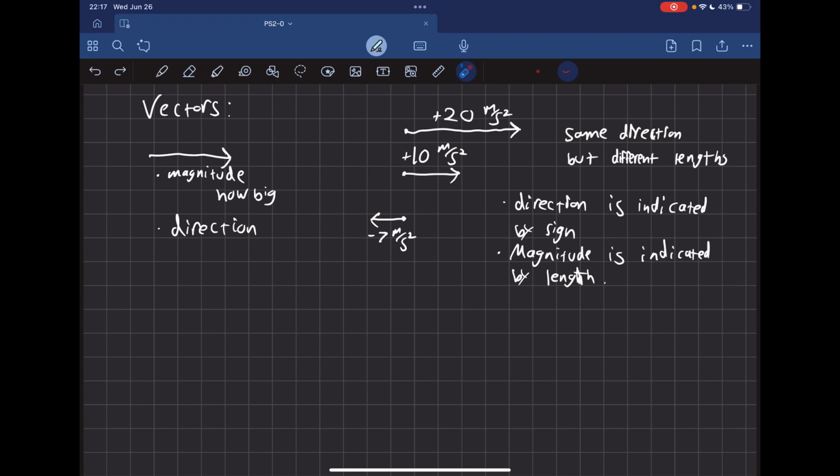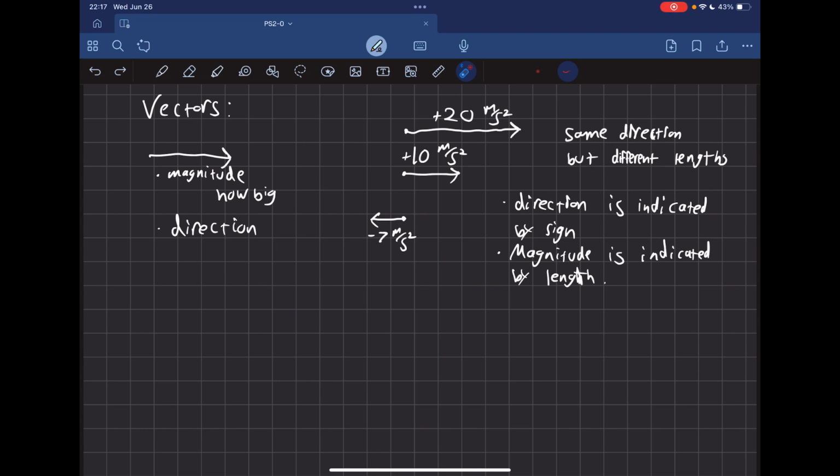Now, both of those were going to the right, in the positive direction. But what if we had one in the negative direction? Well, then we would just flip the arrow to point in the other direction, and then it's in the negative direction. So direction is indicated by the sign, and also by whether it's pointing to the right or pointing to the left.